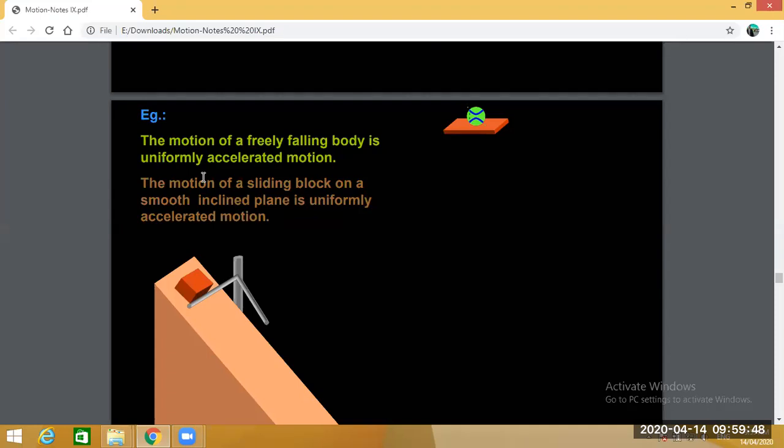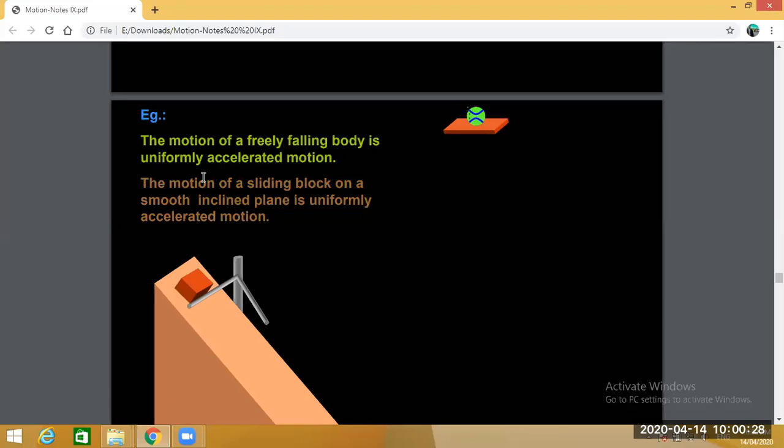After dropping from a certain height, velocity will increase from 0 to a certain non-zero value, and the increase in velocity per second will be 9.8 meter per second square. Initially, while it was dropping, its velocity was 0. But when it comes to the ground, just before the ground it will have maximum velocity. It means the final velocity is much greater than the initial velocity 0. So here our body is said to be moving with positive acceleration.